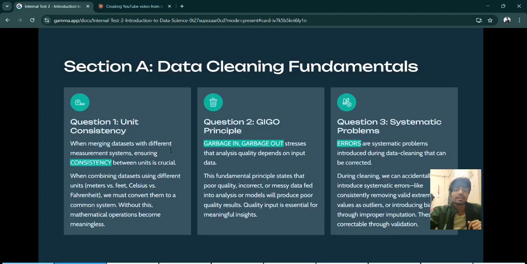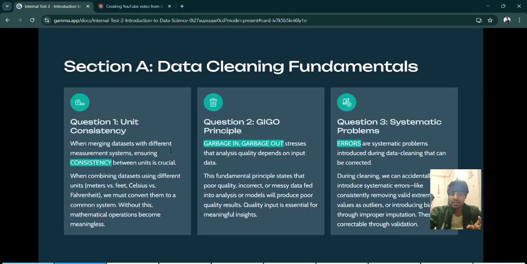So the second question in data cleaning: blank stresses that analysis quality depends on input data. This is the famous principle, garbage in, garbage out. This is fundamental in data science.